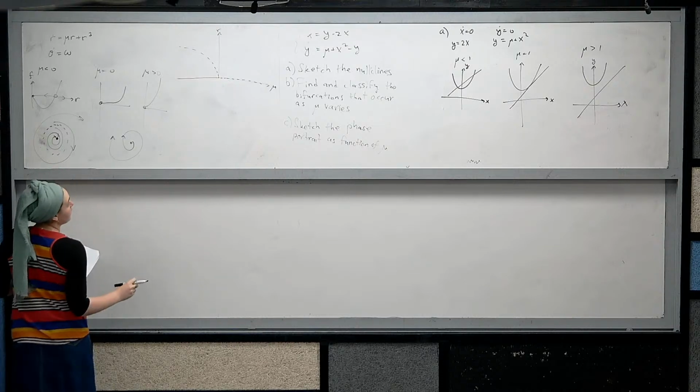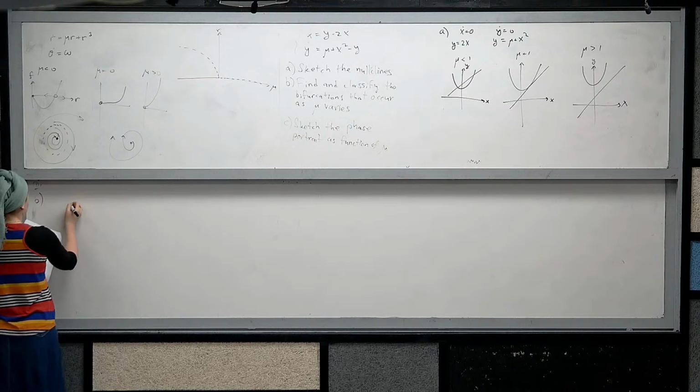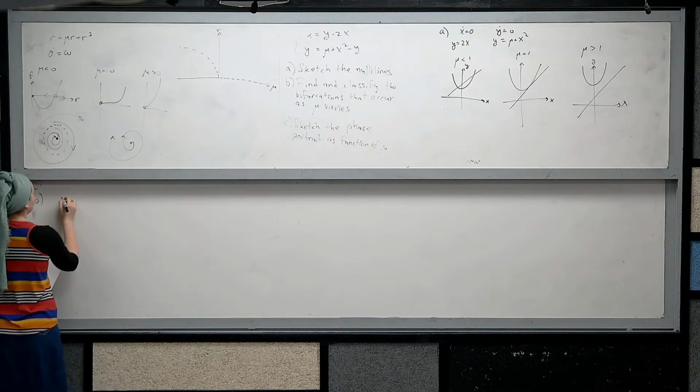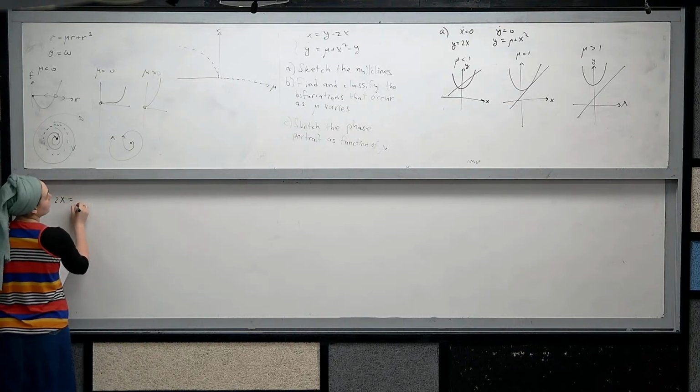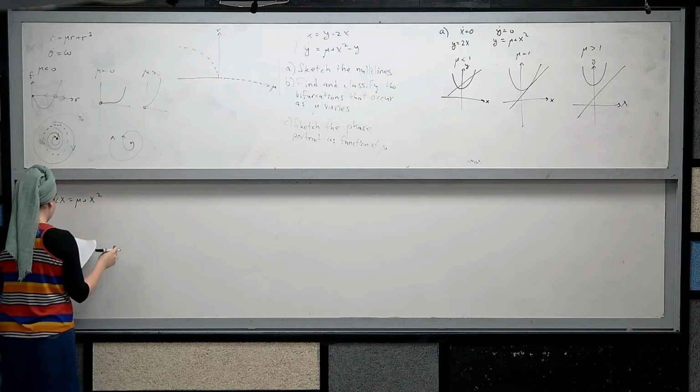Okay, so the fixed points satisfy the equation 2x equal mu plus x squared, right?